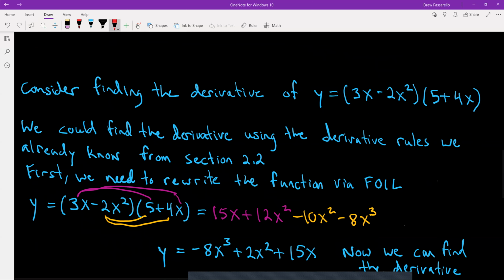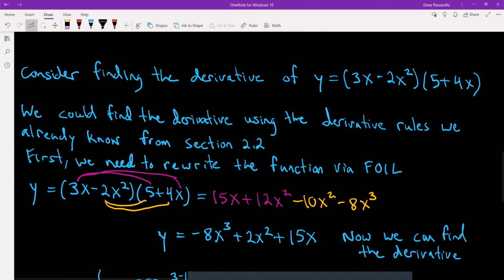The first thing we need to do is to rewrite the function into a format in which we can find its derivative. In other words, we need to expand it or use distribution or FOIL. What you see here is me demonstrating the FOIL method, expanding it out.